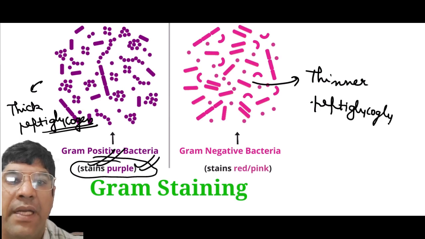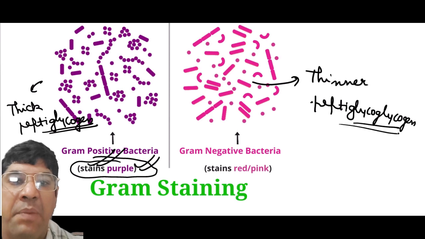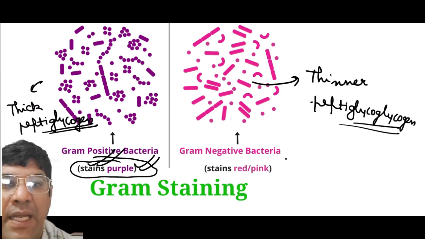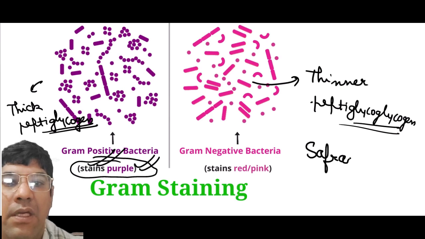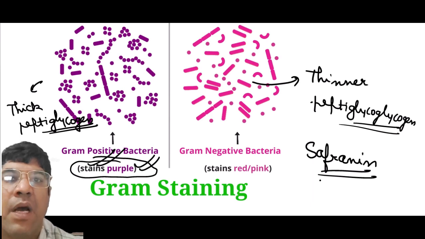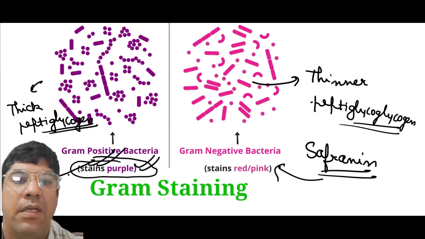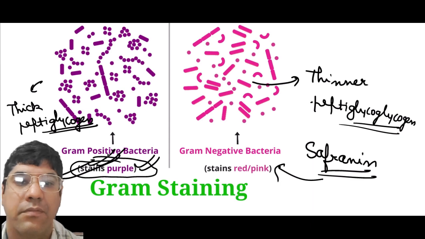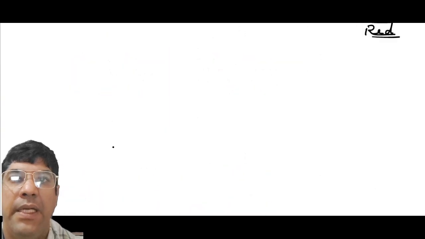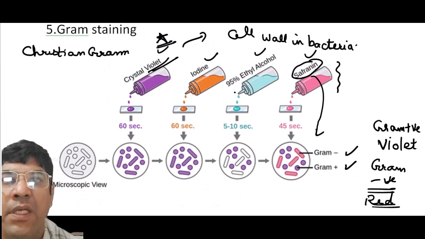So the crystal violet is not retained as effectively and can be washed out during the decolorization step. After decolorization, the gram negative bacteria take the counter stain, that is usually safranin, whereas the gram positive bacteria retain the violet stain.